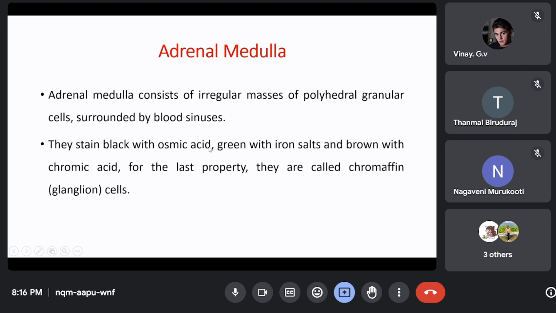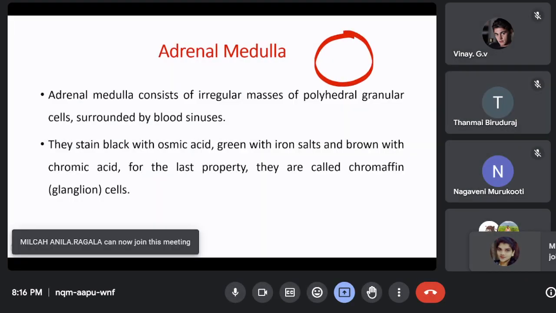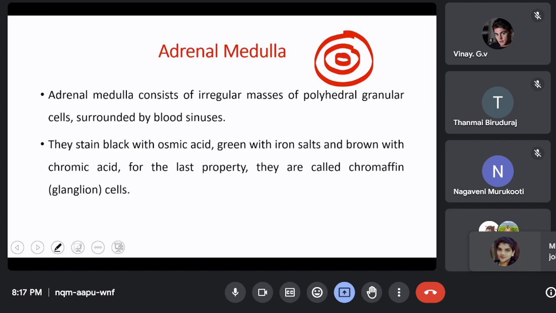Coming to the adrenal medulla, it is nothing but the innermost part of the adrenal gland. So the adrenal gland has an outer capsule followed by the cortex, followed by the medulla.